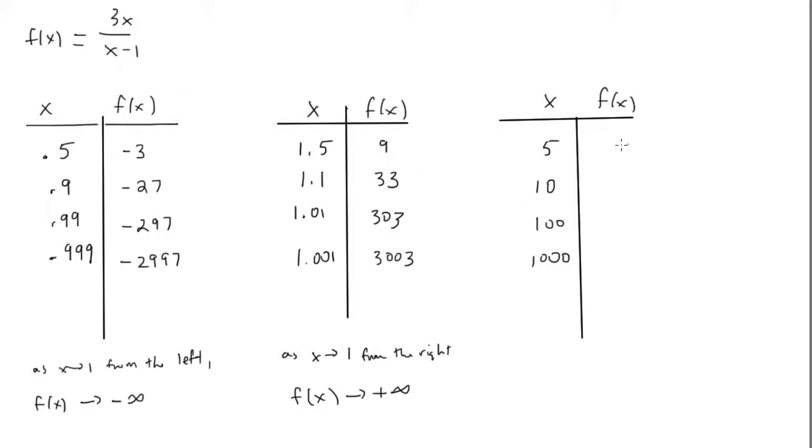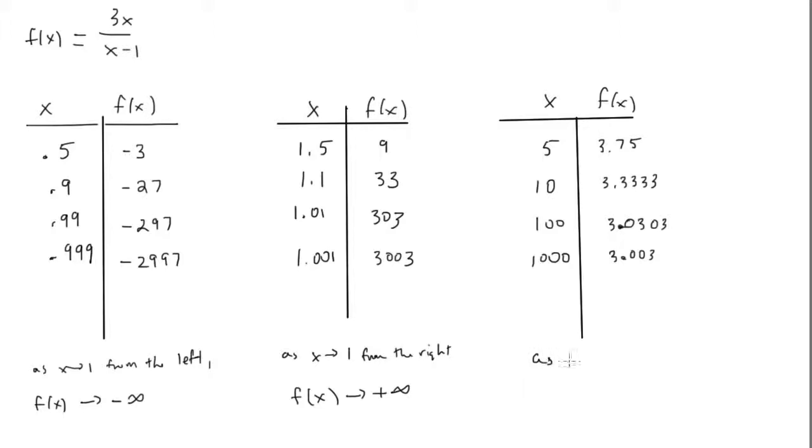Okay, and so again, I pre-computed these, and we got 3.75, 3.3333, and this one I had to round to the 4th decimal place. That's okay. 3.0303, and then lastly 3.003. Okay, so looking at the evolution of these numbers, basically it's looking like they approach 3.